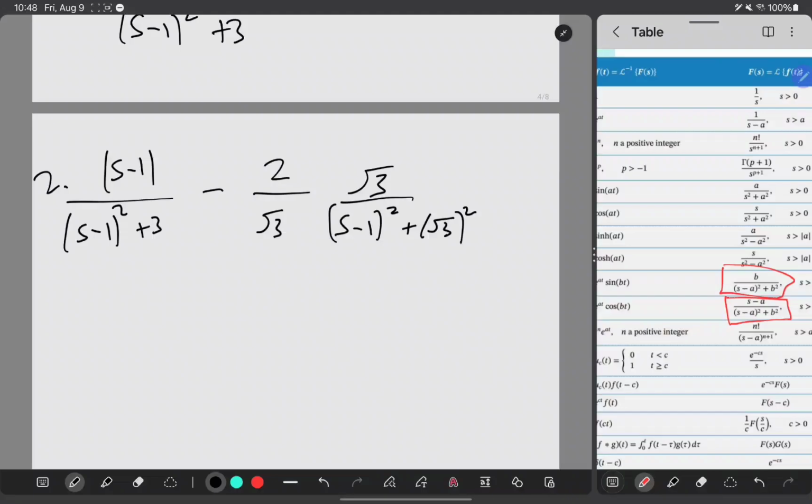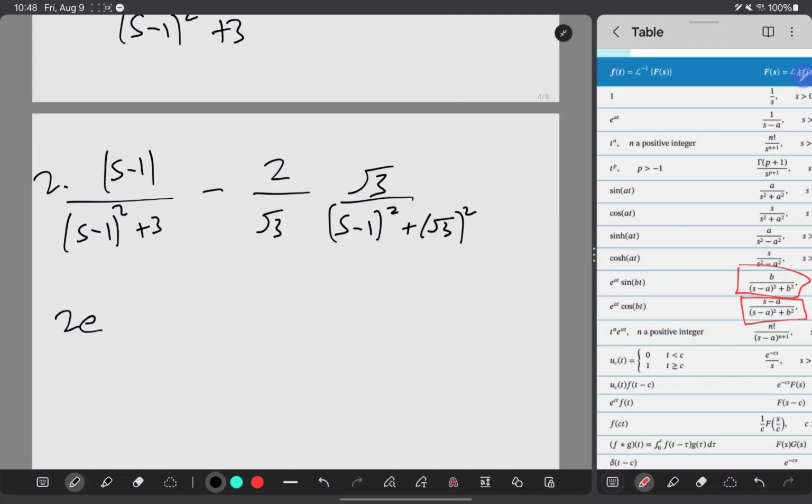Anyways, this would become 2 e to the t. It's negative, so this is just t cosine of b, which is square root of 3.